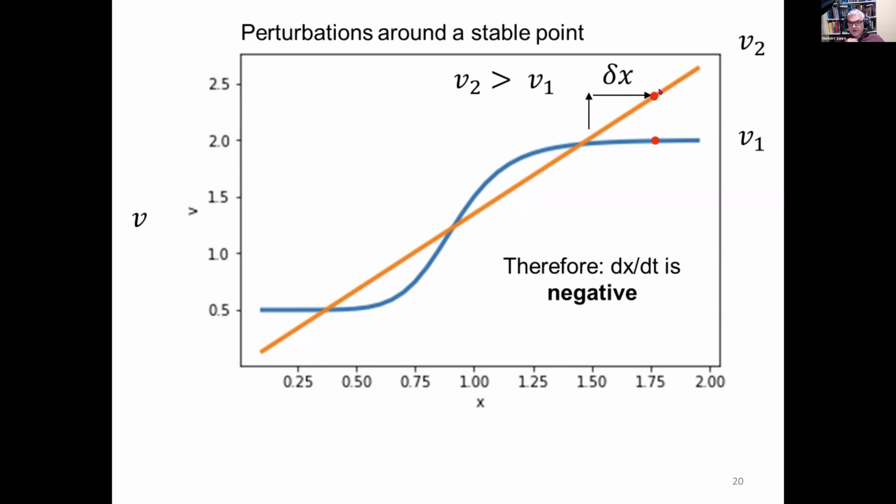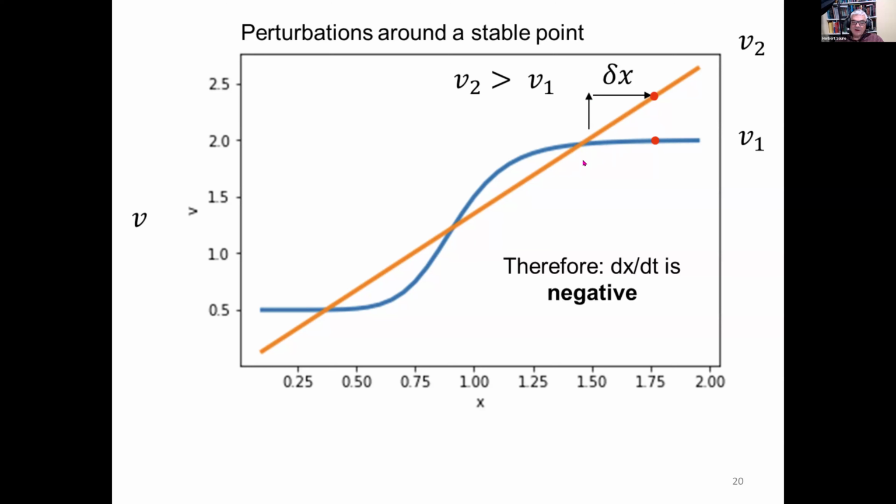So if I make a positive perturbation in X, the forces will try to pull the perturbation back, and it pulls it back to this point. The same thing happens if I make a negative perturbation. You notice the blue and orange lines are flipped, and so it'll also get pulled back to this point.